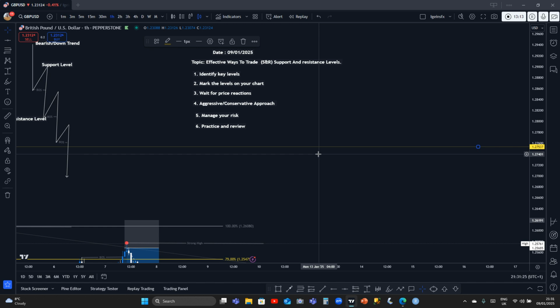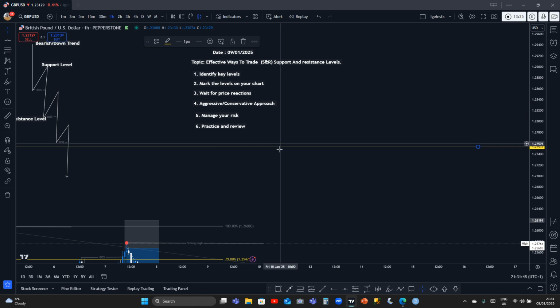All right. You look for confirmation signals like candlestick patterns. Once price gets to that level, you look for confirmation signals like candlestick patterns and volume increase before entering that trade.